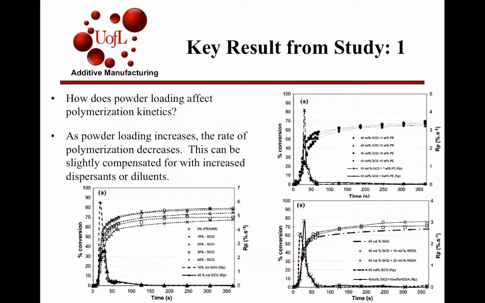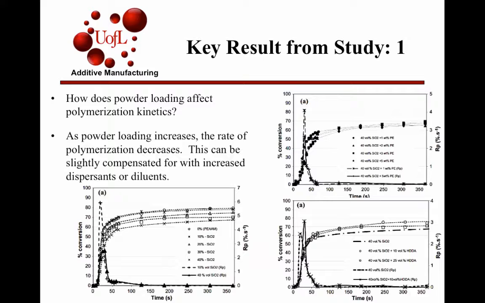So the first question was, how does the powder loading affect the polymerization of the resin itself? At first, they started off with 0.5% PE and 0% HDDA. HDDA was the dilutant, so they're just using 0.5% dispersant with different silica powder weights.